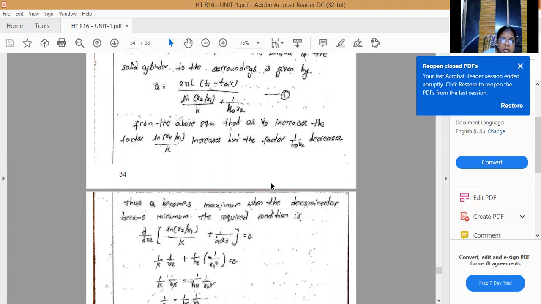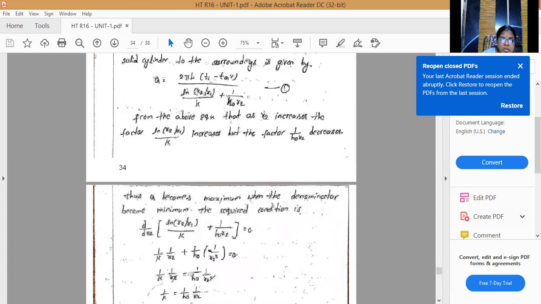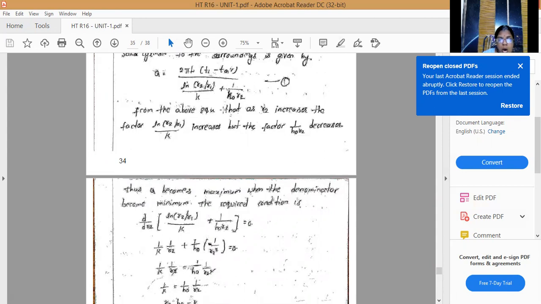Okay, so from the above equation, we are increasing the radius R2. Whenever R2 increases, the term log of R2 by R1 by K also increases, but the factor 1 by H naught into R2 decreases. Providing extra insulation means R2 increases, the term log of R2 by R1 by K increases, but the factor 1 by H naught into R2 decreases.